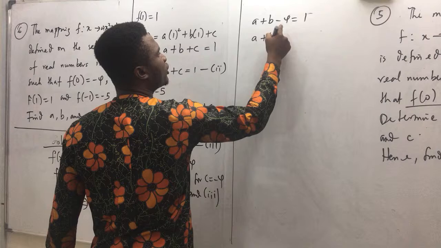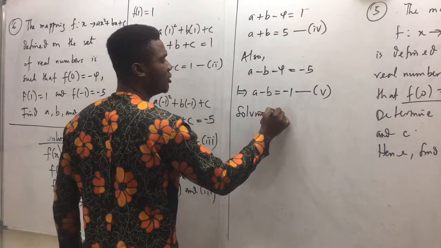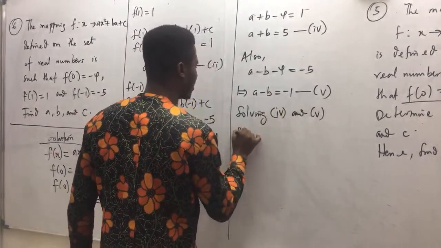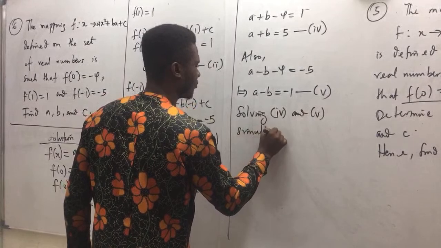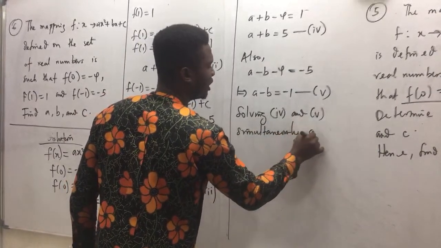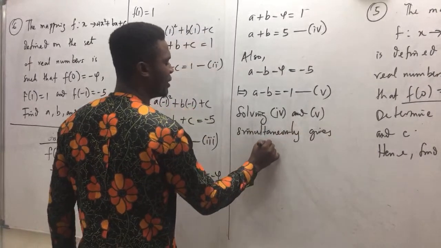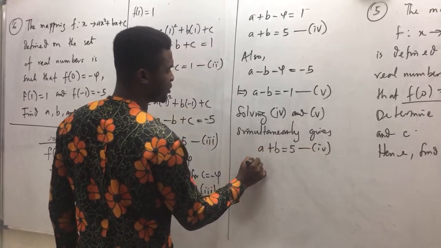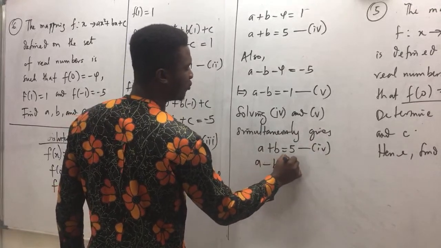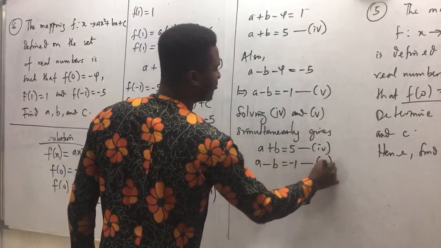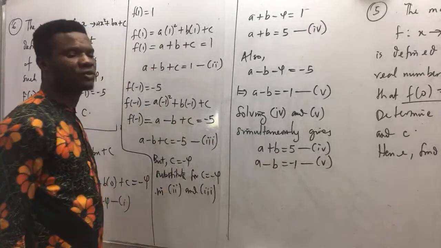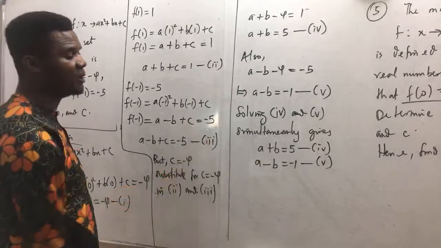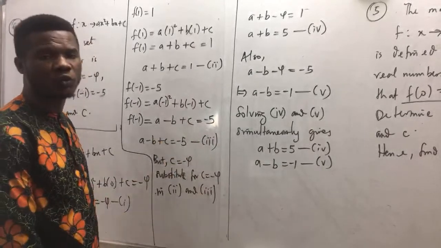So solving equation 4 and 5 simultaneously gives this. I'm going to bring equation 4 and 5 to be solved simultaneously. So what would that mean? By elimination method, I could simply eliminate b by adding equation 4 to equation 5.